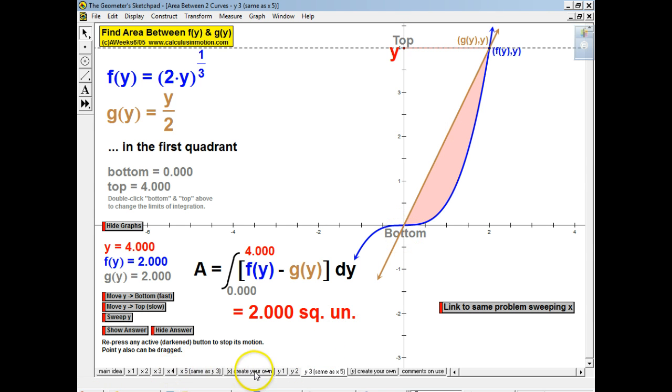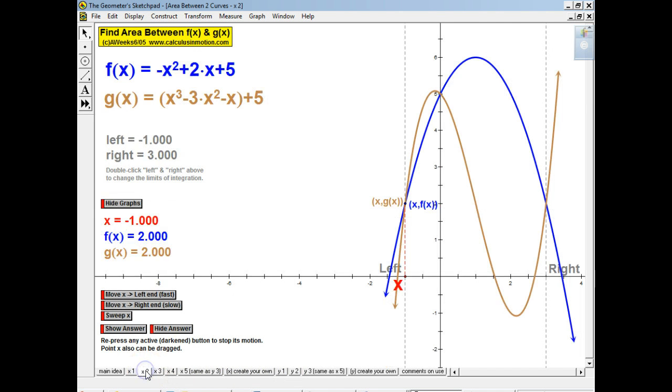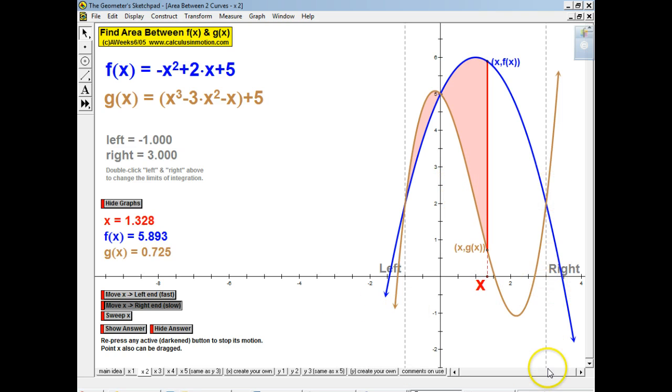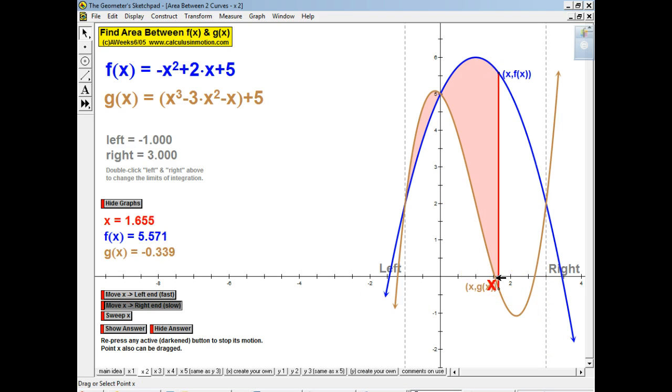Let's see if I have a couple more. Okay, so with this one here, okay, so notice here, when we look at the area between the regions of these two curves, and we're going from -1 to 3, well, your g of x happens to be the top function from -1 to 0.